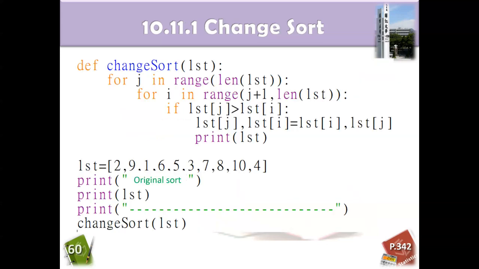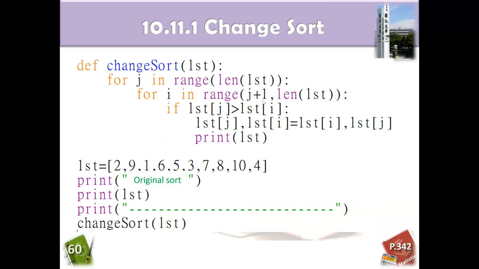So today we will talk about the exchange sort. The exchange sort is very easy. We have two loops, the inner loop and the outer loop. First we will talk about the inner loop.